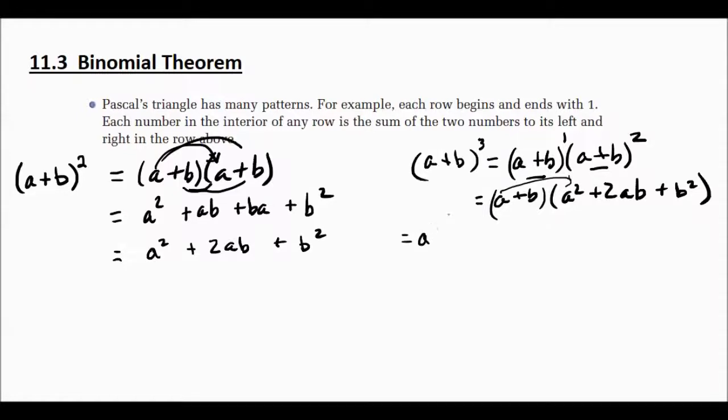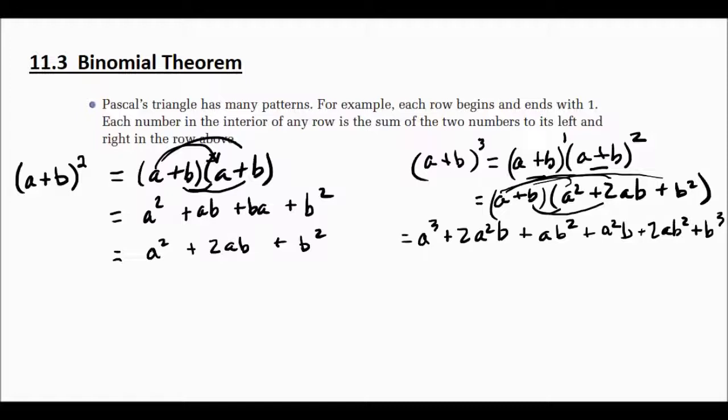So that's going to be a cubed there, and that a has to distribute to all of them. So plus 2a squared b. And then finally to the final one there, that's plus ab squared. Now we have another a squared b as we distribute this one along, plus 2ab squared plus b cubed.